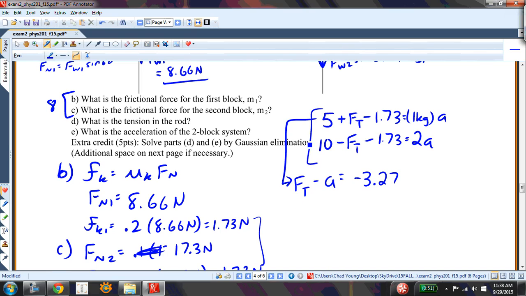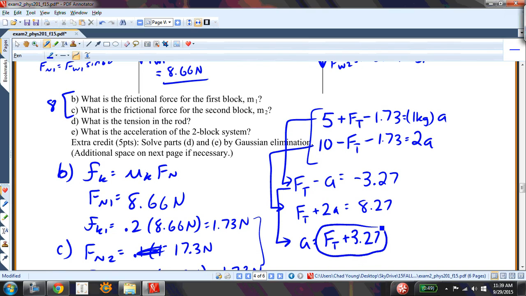Then the next one, solving this equation, I get Ft plus 2a equals 8.27. You solve them however you like here. I solved this equation for a, so I get a equals Ft plus 3.27.